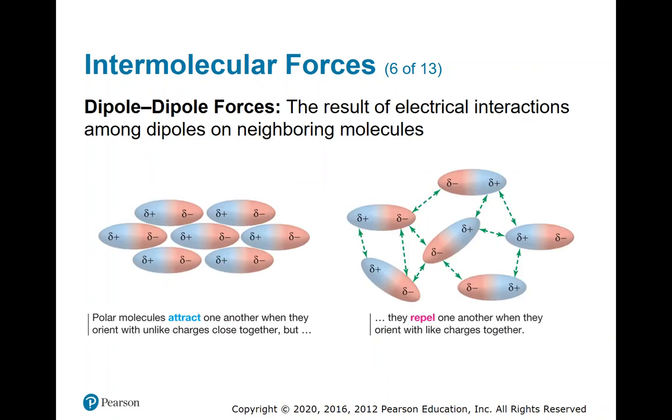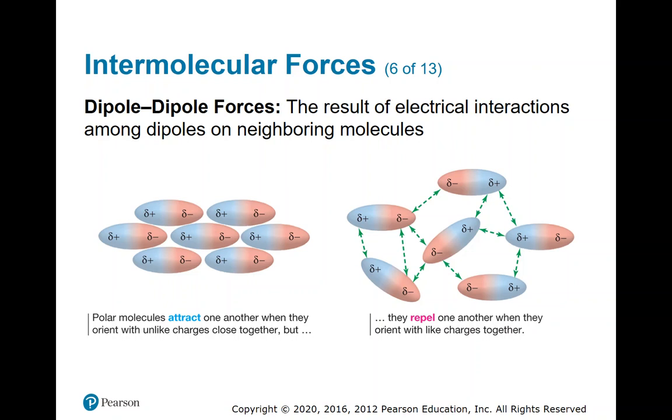Let's move on to dipole-dipole forces. These are interactions that occur not between spontaneous and temporary dipoles in substances, but in the actual permanent dipoles of polar molecules. So only polar molecules can have dipole-dipole forces between them.